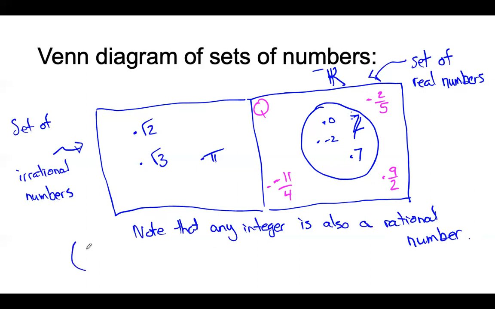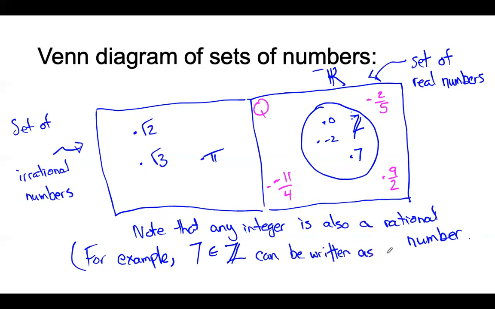For example, seven is in the set of integers, and it can be written as 7/1, which is also rational.